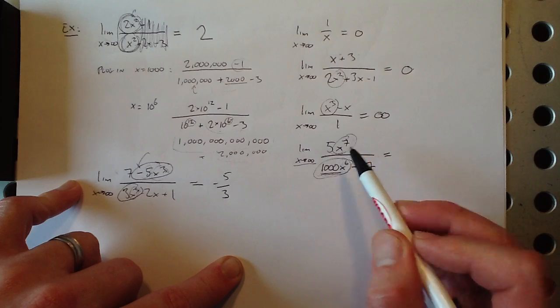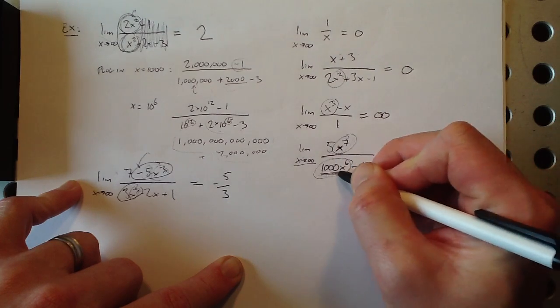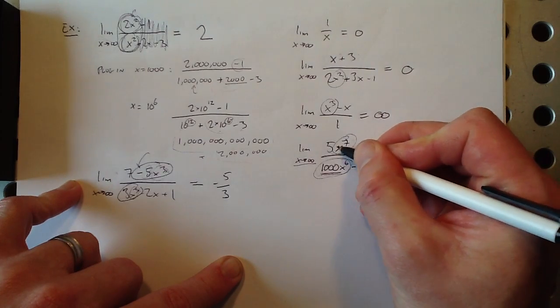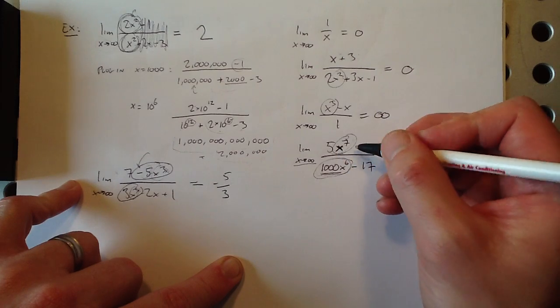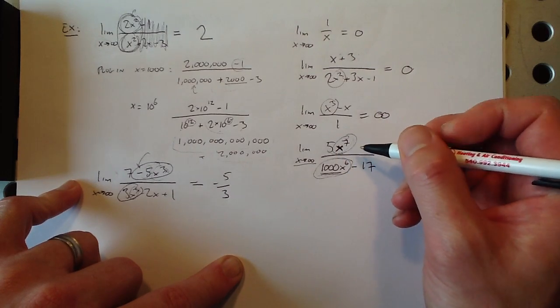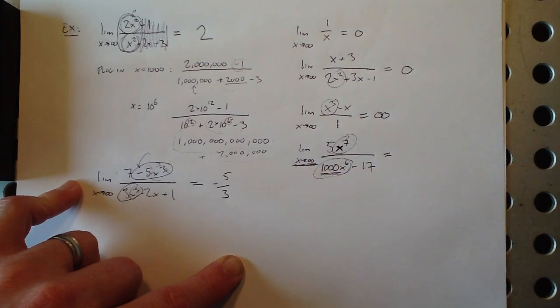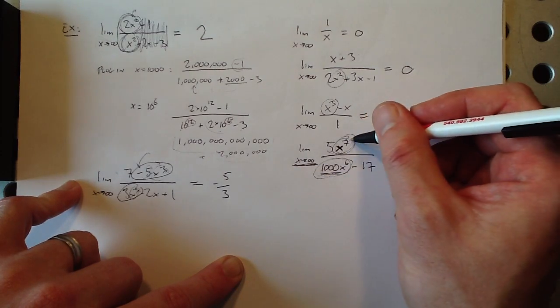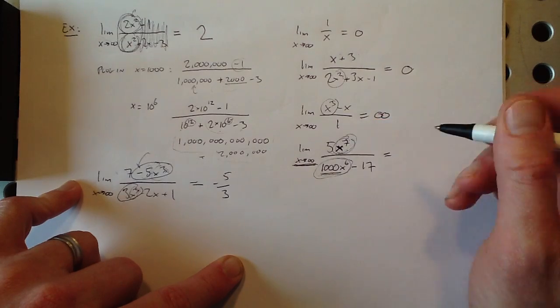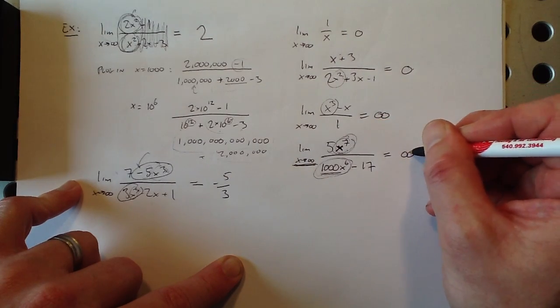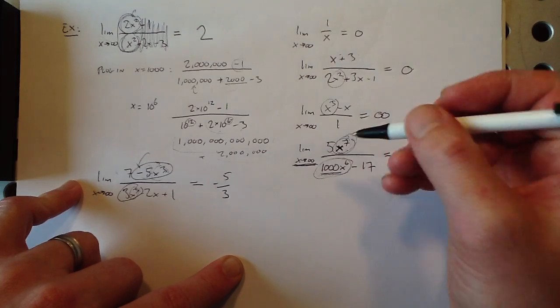This is going to grow so much faster. There's that little 1,000 in front of it. That's hardly going to matter when you're plugging in numbers like a quadrillion, a quintillion, 1 with 100 zeros after it. And there's no bound to the numbers we're going to be plugging in here. So that will come to dominate since the highest exponent is on the top. Means we're going to infinity.